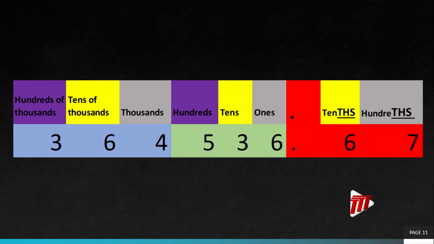At no point are you supposed to use the word point. So take a grab at it. I'll help you. I'll start you off. 364,536. Now finish it off for me. And, not point, and 67 hundredths. Excellent.